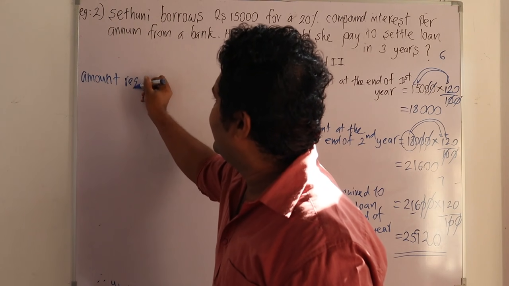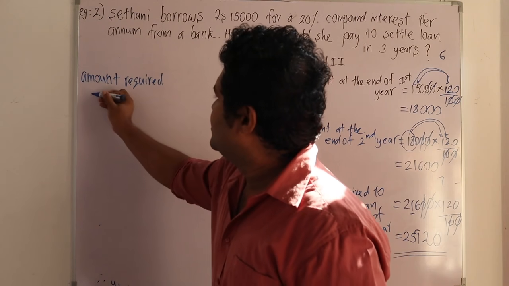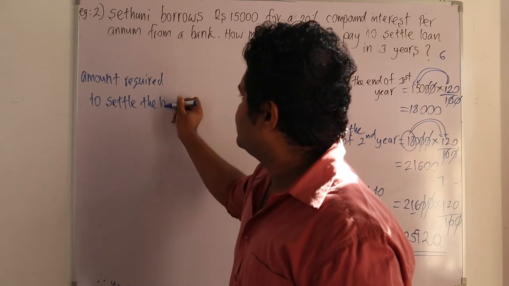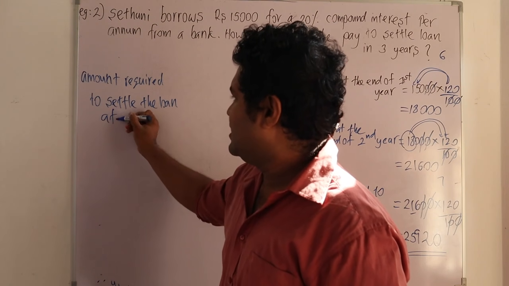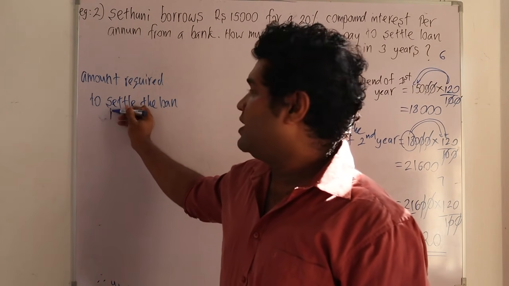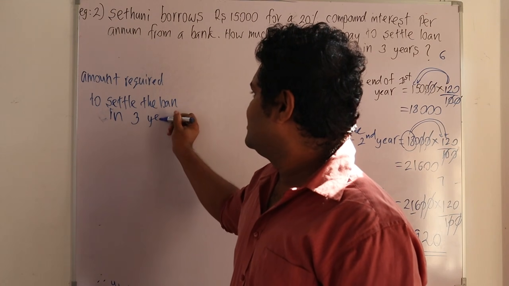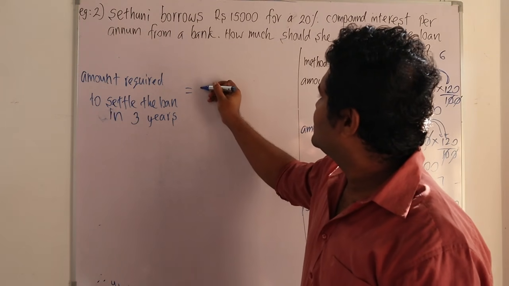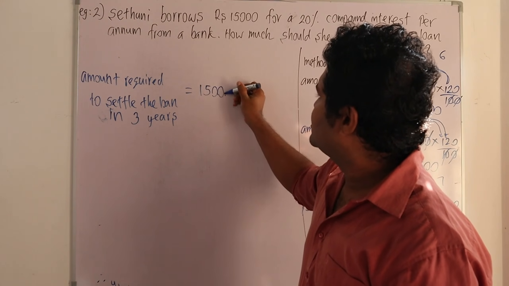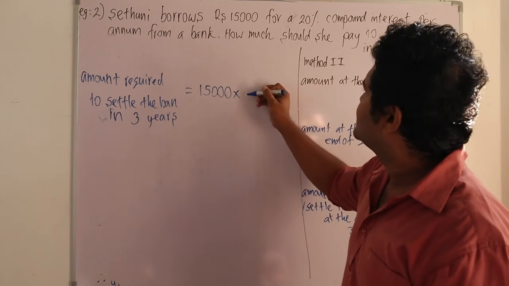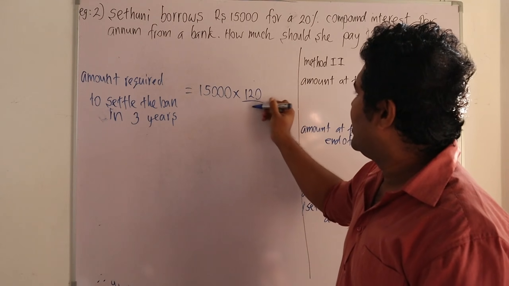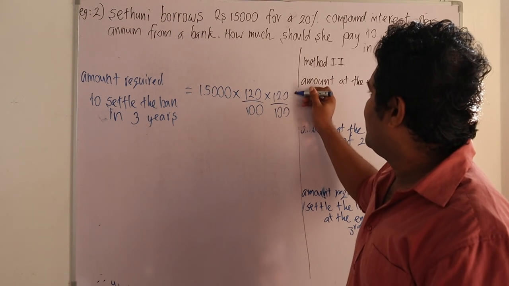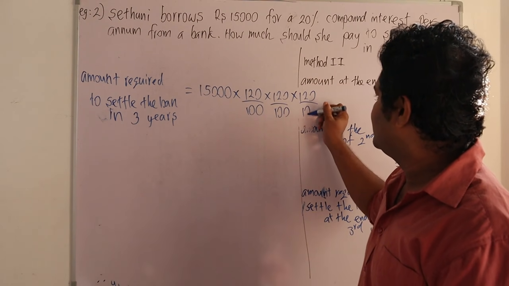Then amount required to settle the loan after 3 years. In 3 years. Okay. And 15,000 is multiplied by 120 over 100, 120 over 100, 120 over 100.